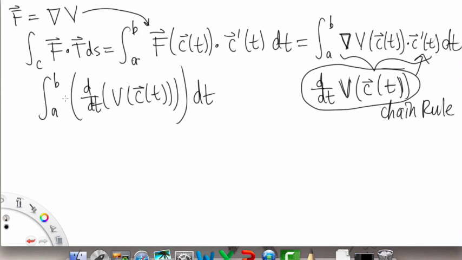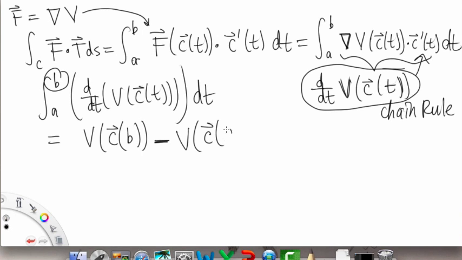This is equal to the function being derived evaluated at the top bound, b, minus the function evaluated at the lower bound. So from this step to this step, we used the fundamental theorem of calculus.